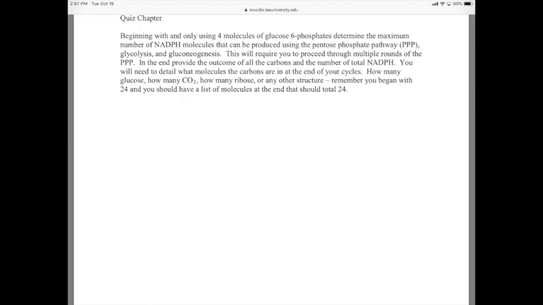Determine the maximum number of NADPH molecules that can be produced using the pentose phosphate pathway, glycolysis, and gluconeogenesis. This will require you to proceed through multiple rounds of the pentose phosphate pathway. In the end, provide the outcomes of all the carbons, where they all are, and the number of total NADPHs.